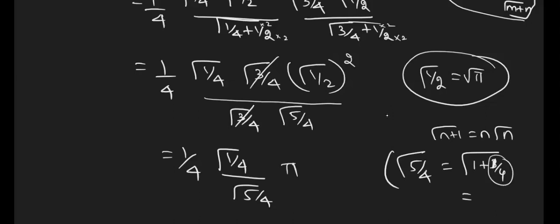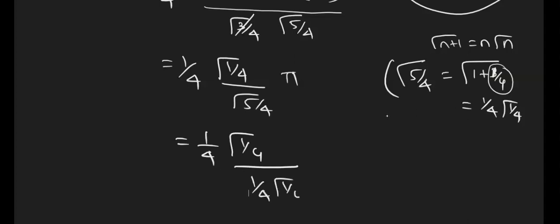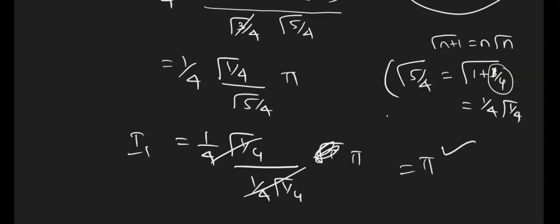In the place of n we have 1 by 4, so 1 by 4 into gamma of 1 by 4. Now, if you see this, you are getting the same answer. 1 by 4 into gamma of 1 by 4 over 1 by 4 into gamma of 1 by 4, into pi. So this and this will get cancelled and you will get the solution as pi. This is what we have to prove.